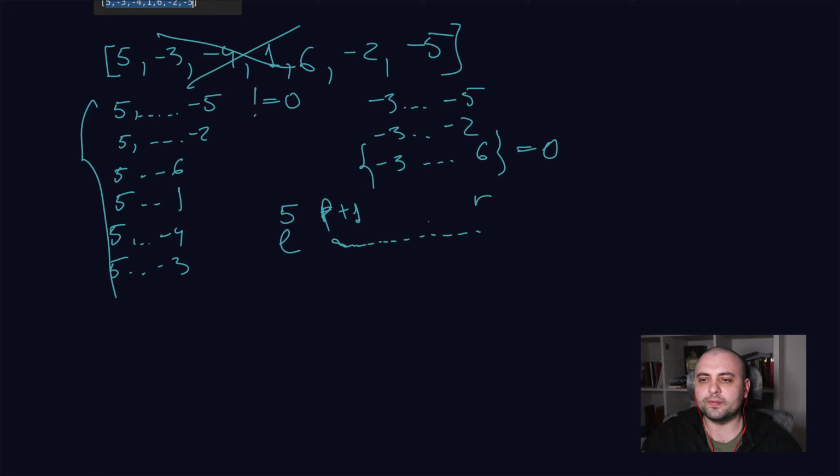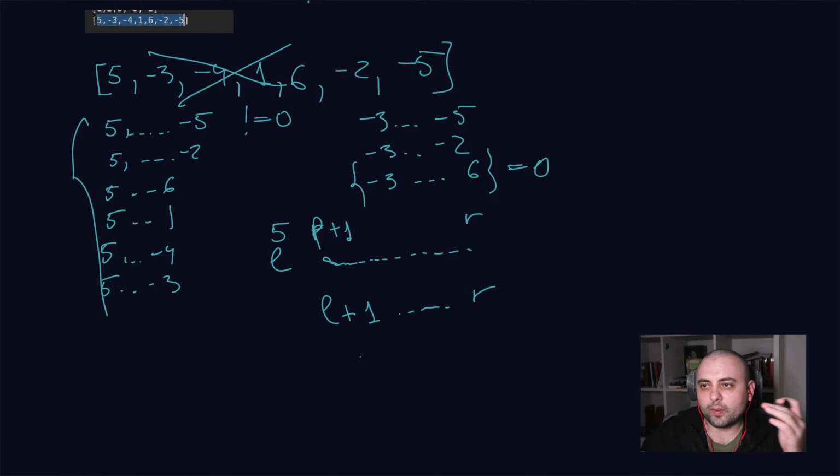If we didn't find anything, I guess we'll do left plus 1 and start again from right backwards, start again, right backwards. So that's the simplest possibility.